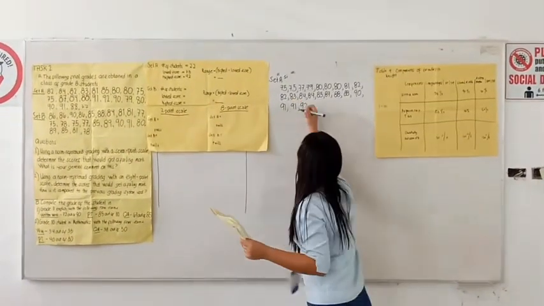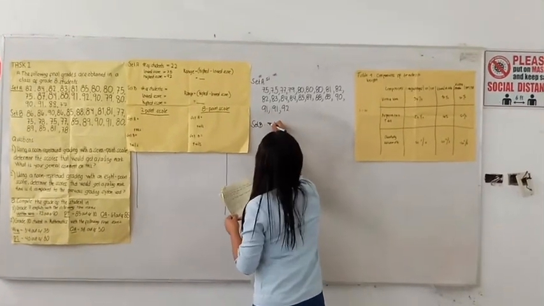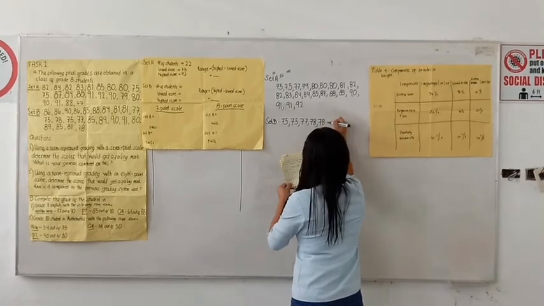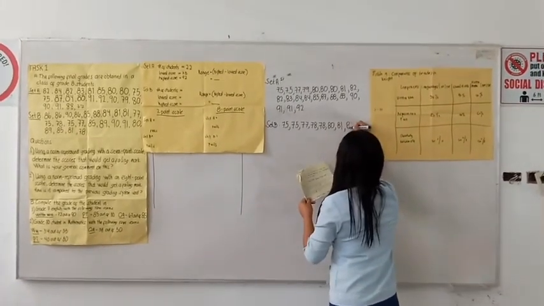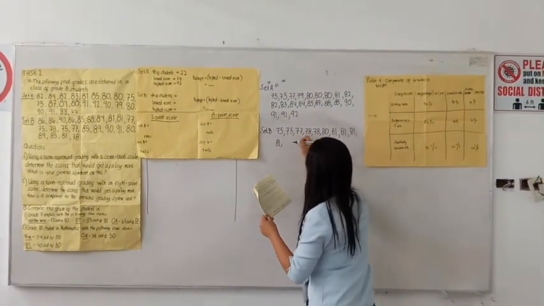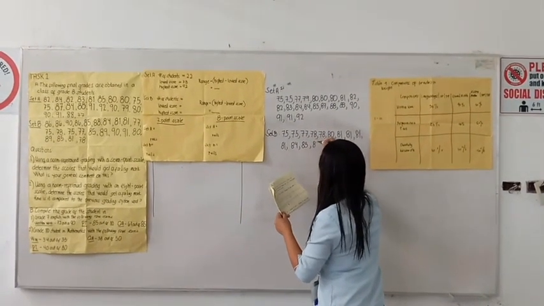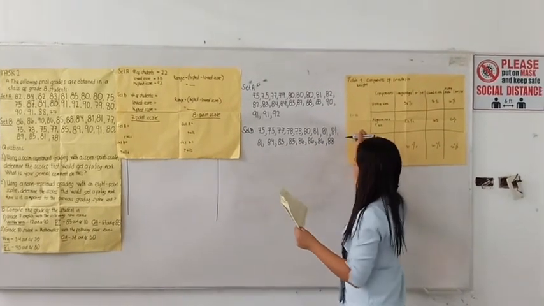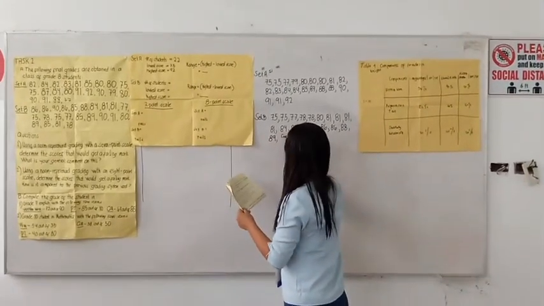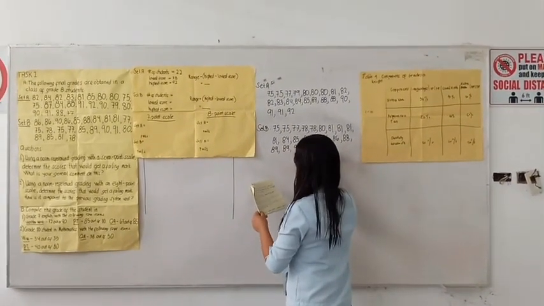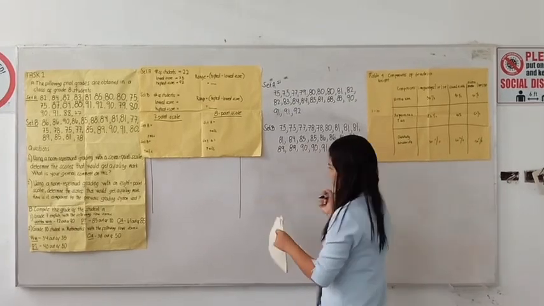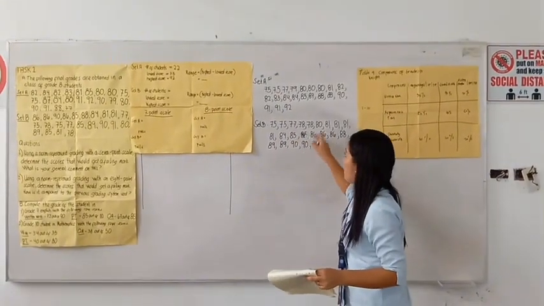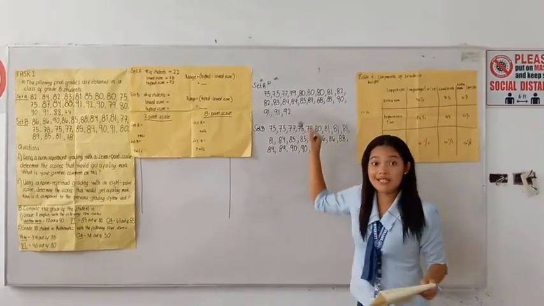So let's go on to set B. We already have the ascending order for set A and set B. So this is the first step.